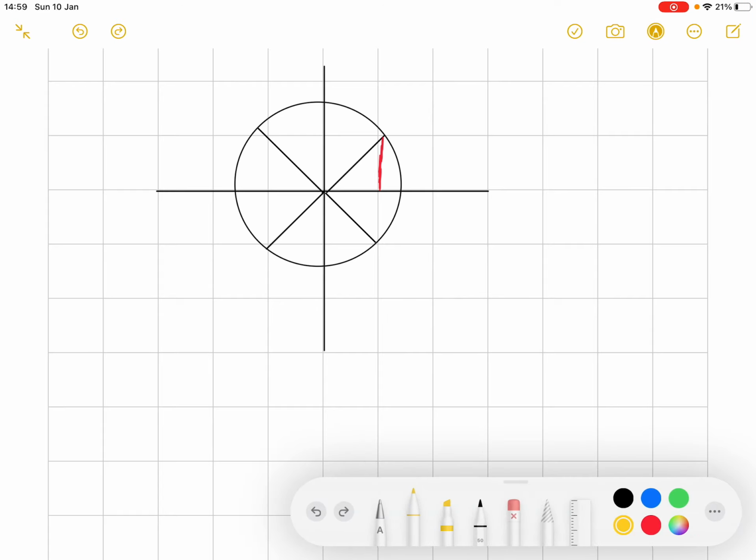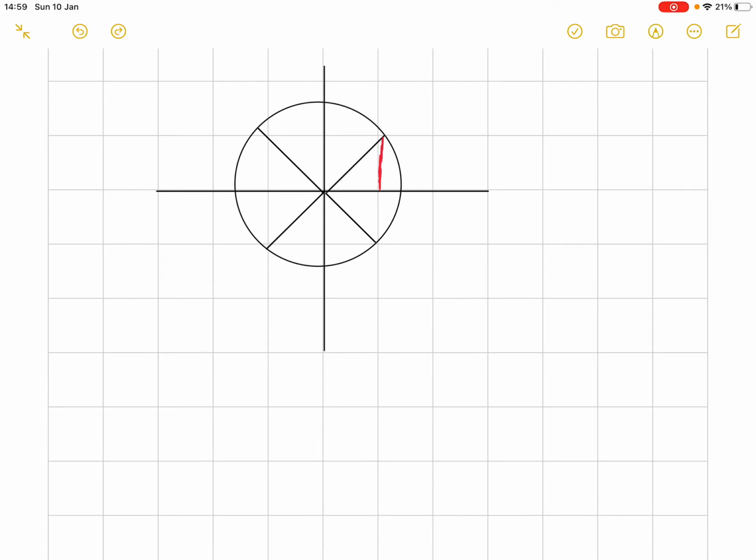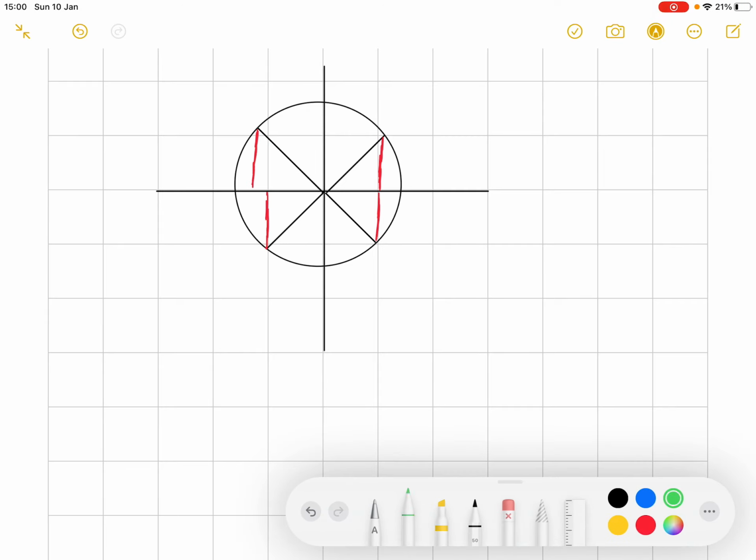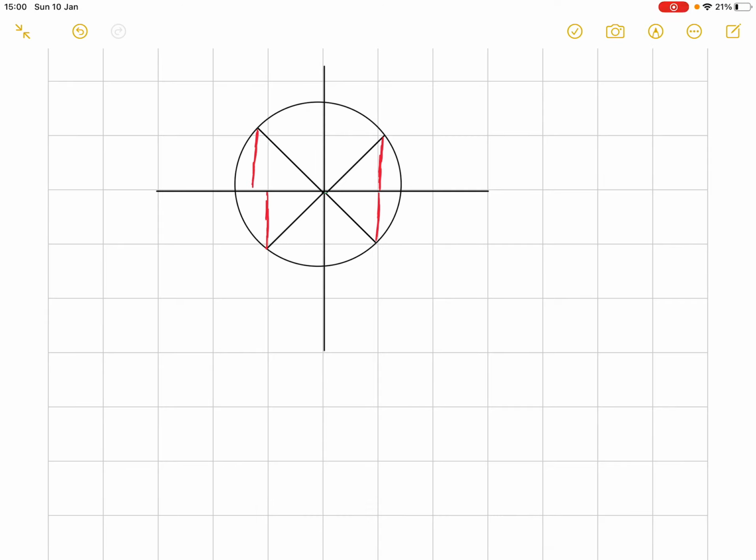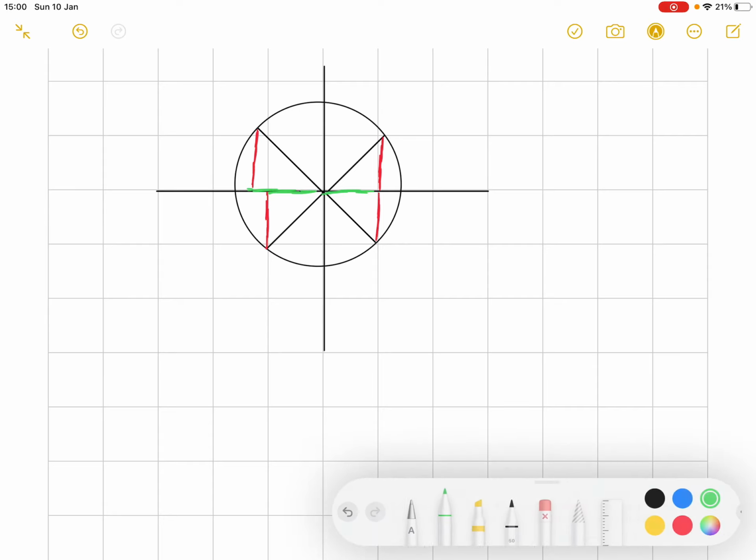So if we look at what, for example, sine of theta is doing, sine of theta first, and then cos of theta, then we see certain properties.